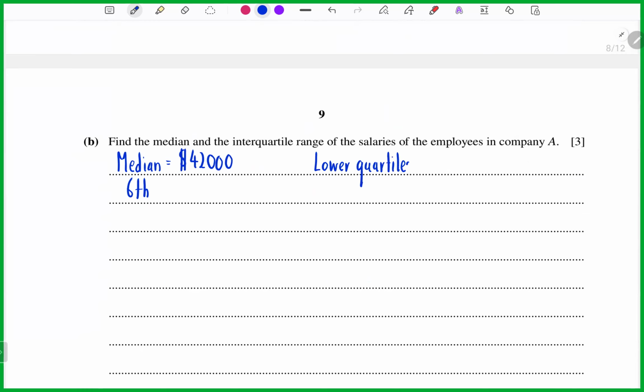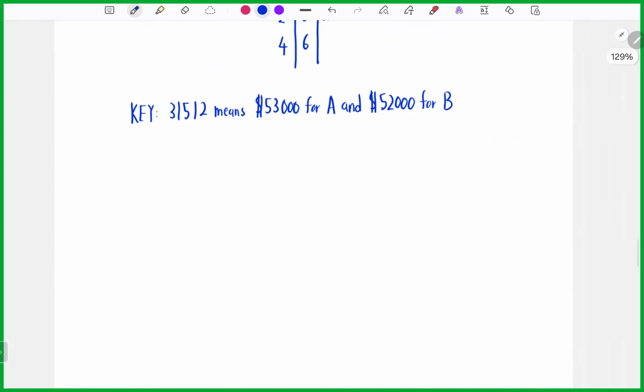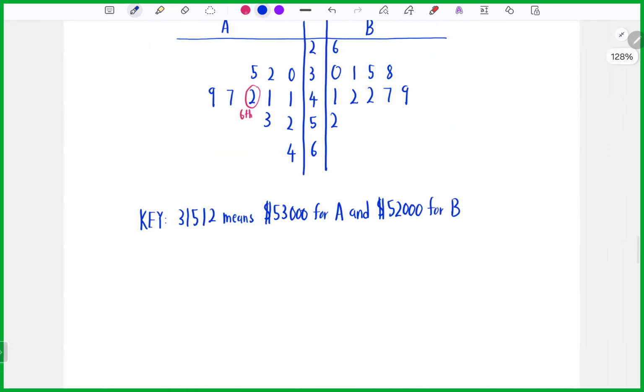It means Q1 and Q3. So you can take 1 over 4 multiply 11, which is 2.75. So approximated is 3. So we look at number 3.